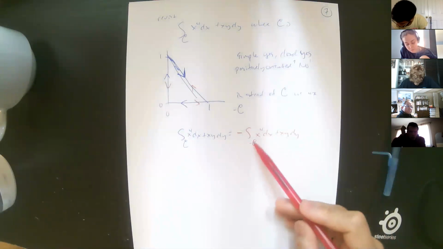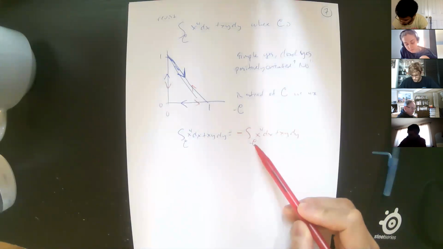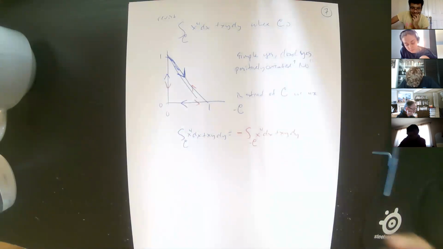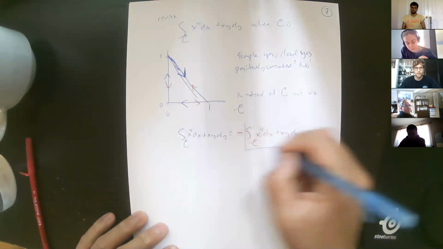I'm going around negative C, and so if I put a negative sign in front, that cancels me going the wrong direction. And so how do we proceed here? We use Green's theorem on this.